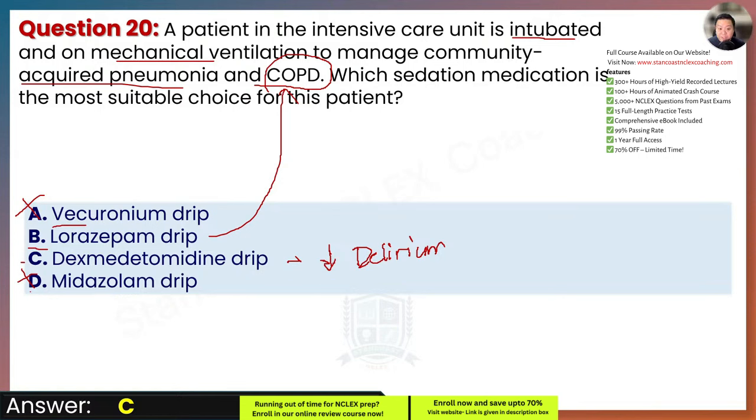It reduces delirium, and it also helps with ventilator weaning. Okay? Again, this is a neuromuscular blocking agent, paralytic agent. These two, the lorazepam drip and midazolam drip, these are benzos, and already mentioned those bad things that they can do.